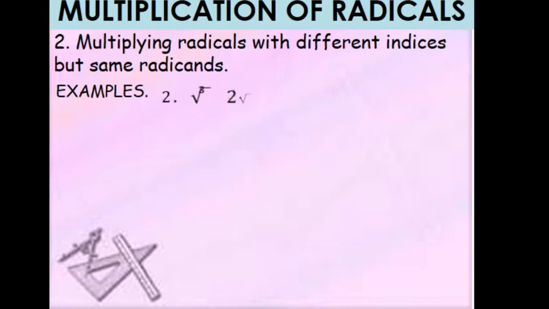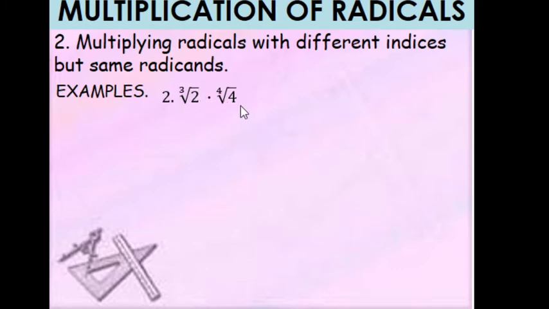Okay, so another example, we have cube root of 2 times 4th root of 4. Dito magkaiba yung kanyang index. Yung isa ay 3, yung isa ay 4. And yung kanyang radicand ay magkaiba din.